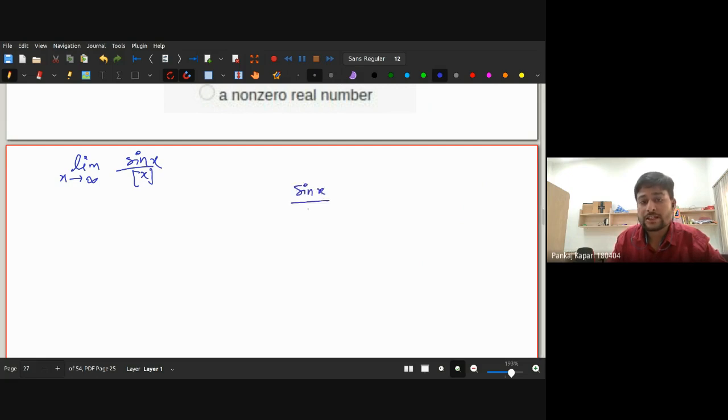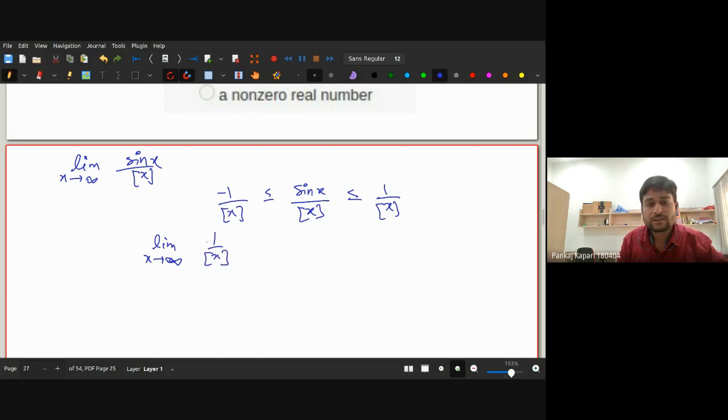So sin x by box x will lie between 1 over box x and -1 over box x, because the sine function lies between 1 and -1. Now the limiting value when x goes to infinity of 1 over box x, this thing. So we must have this inequality between the limits.